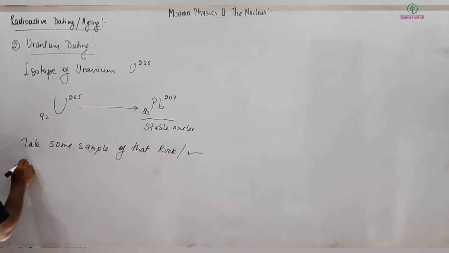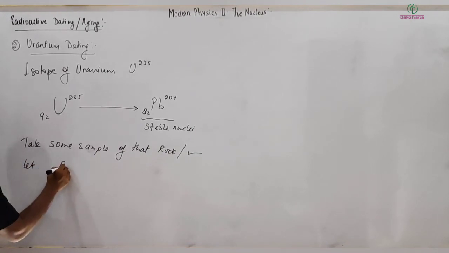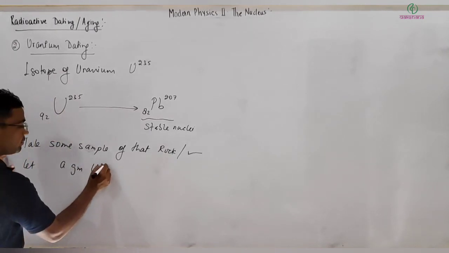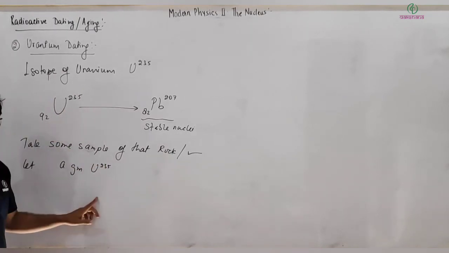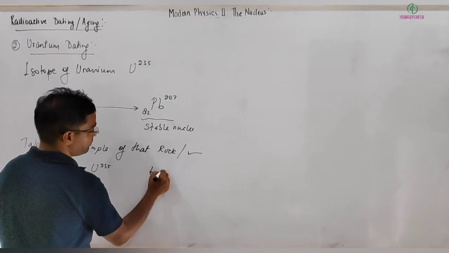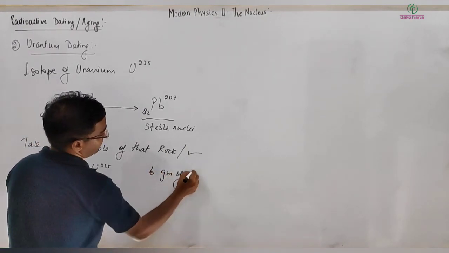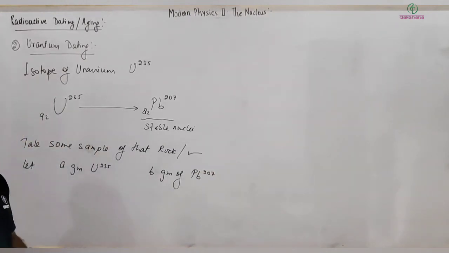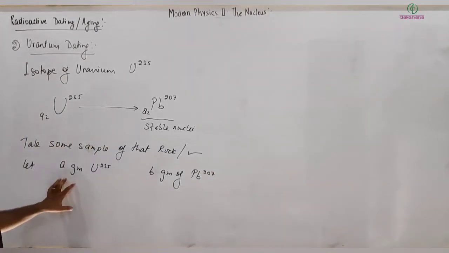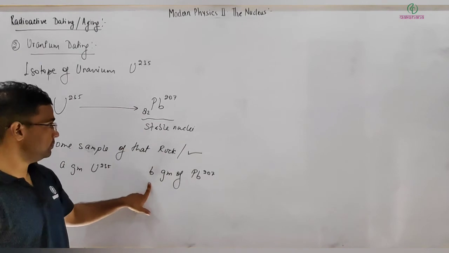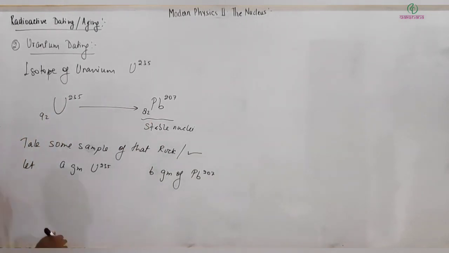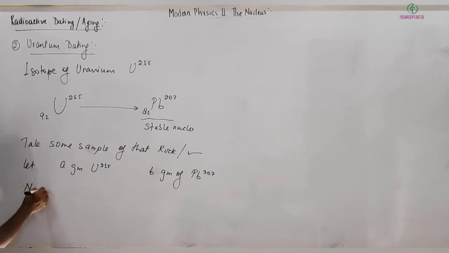So let's say a gram of uranium 235 is present in that sample and some b gram of lead 207 is present. If a gram of uranium 235 and b gram of lead 207 are present, I can get the number of atoms.